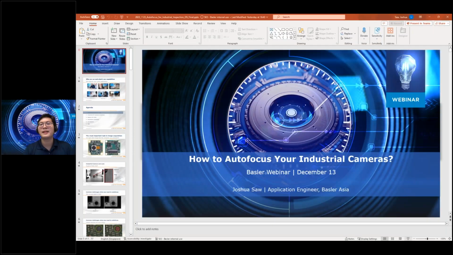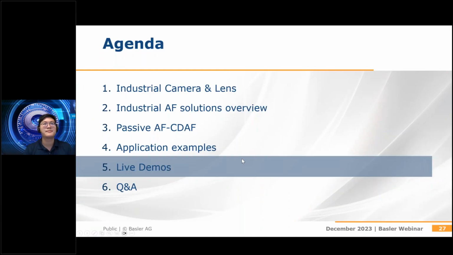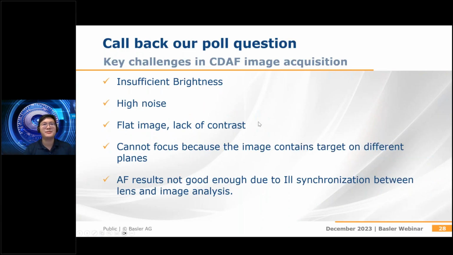Okay, let me change my screen here. So, a callback to our poll question: the key challenges in CDAF image acquisition are insufficient brightness, high noise, flat image, lack of contrast, or inability to focus because the image contains targets on different planes, or AF results not good enough due to ill synchronization between lens and image analysis.